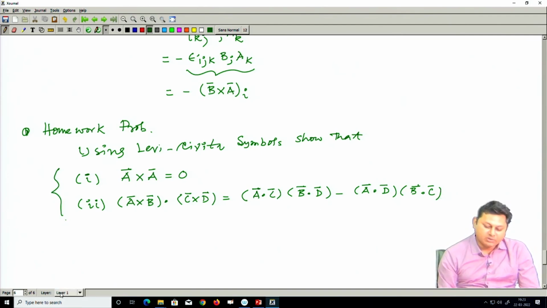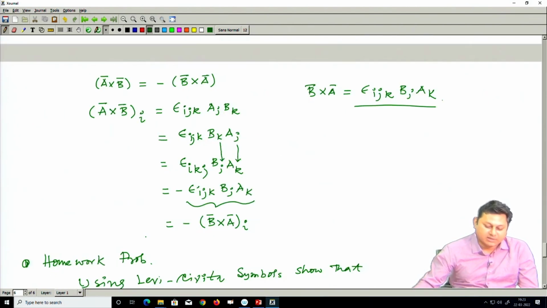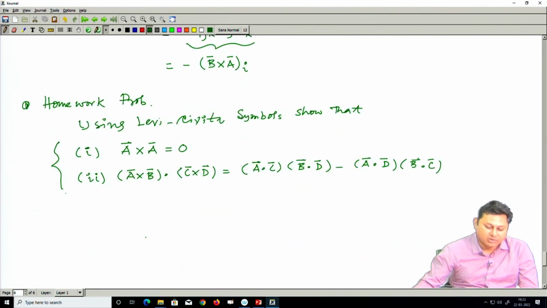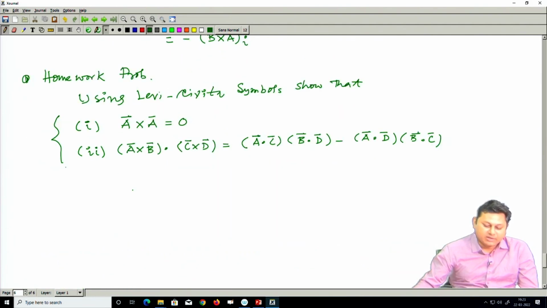So, I believe you can do these problems by using these symbols. Please go through the class very carefully. All the steps are there, and I would like to give you these two simple problems to check whether you can use the Levi-Civita symbol and the Kronecker delta symbol properly.